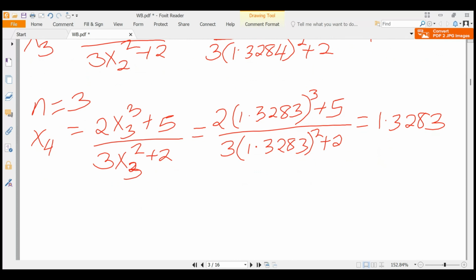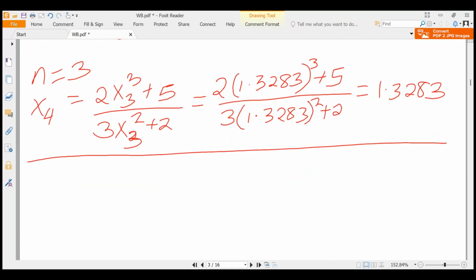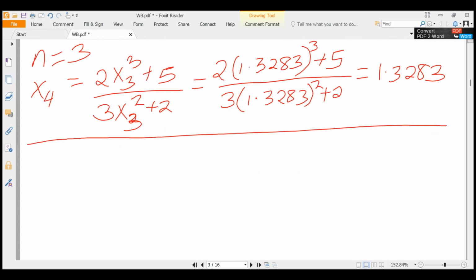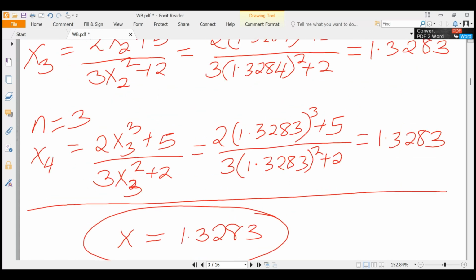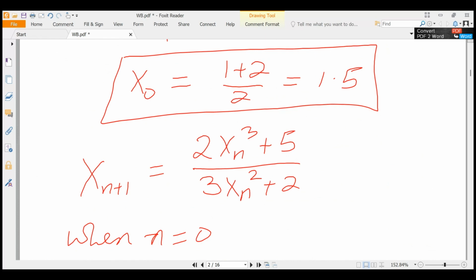So we terminate the process at x4 and conclude that the root of the equation correct to 4 decimal places is x equals 1.3283.